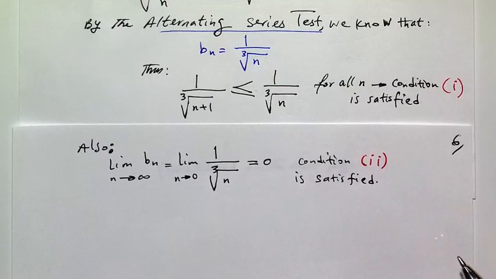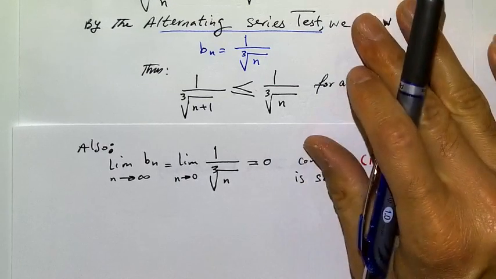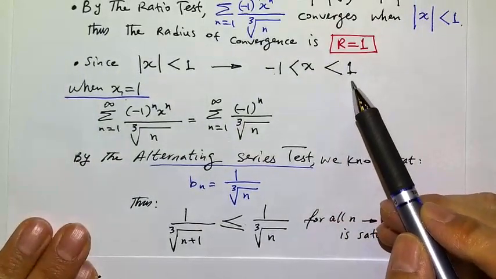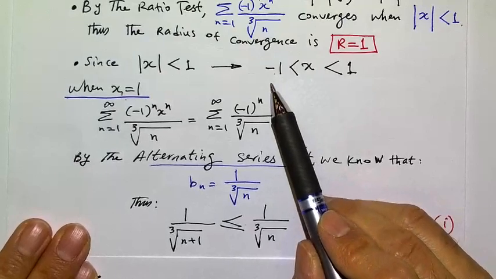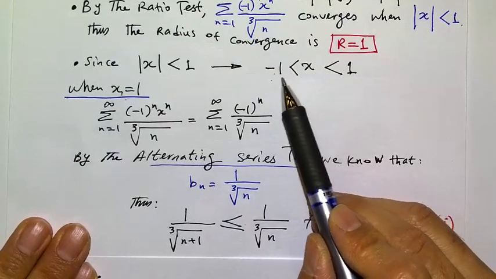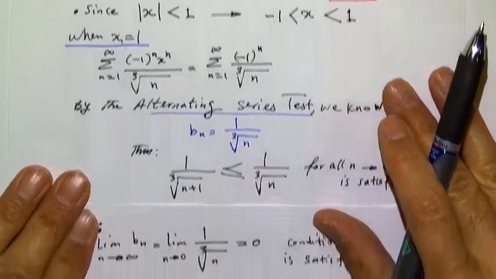So what we've established is that the original series does converge when x equals 1. So at this endpoint, the series converges. Now we need to investigate what happens when x equals -1. And of course, we know that when x is in between those two numbers, the series does converge.